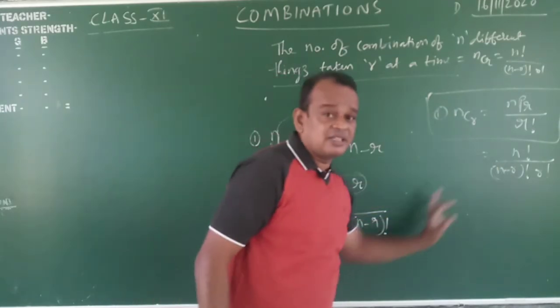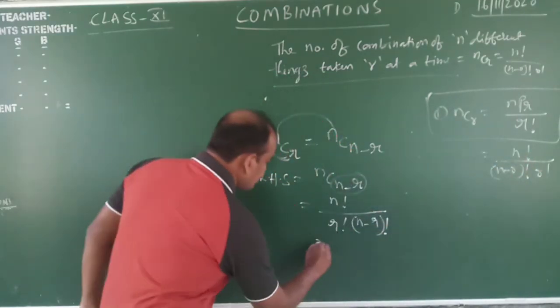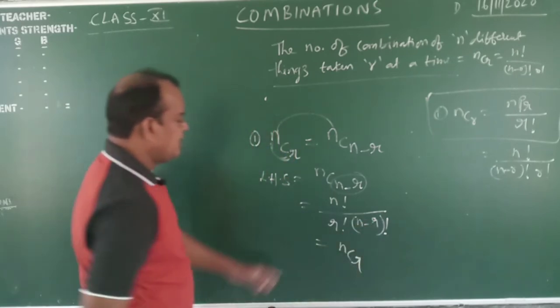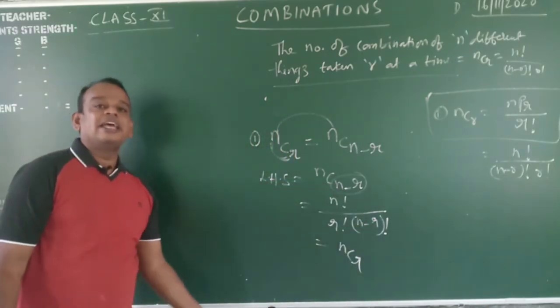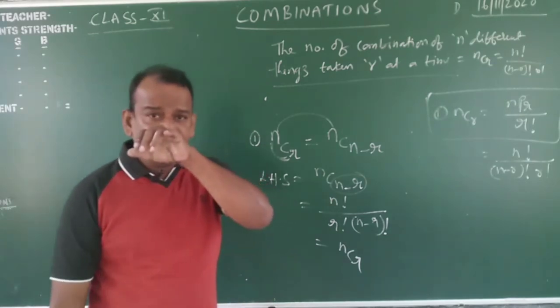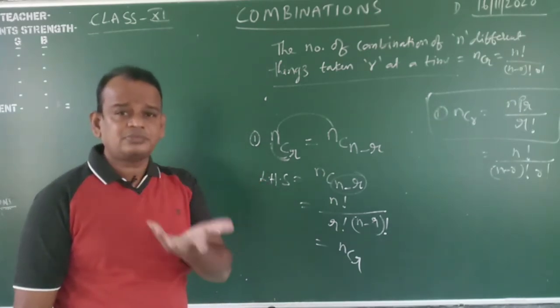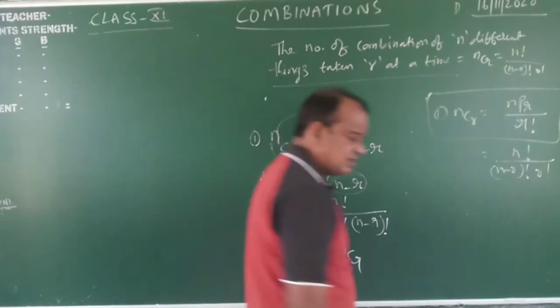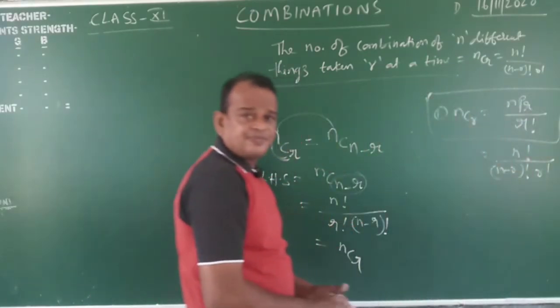Both these are the same, so this is equal to nCr. nC(n minus r) is equal to nCr. In this way, we will complete the problems. I hope that you understood. Yes, my dear students. Okay.